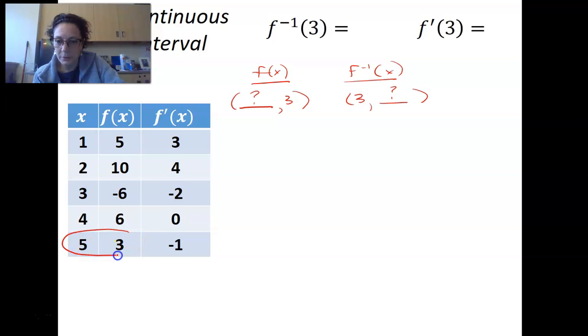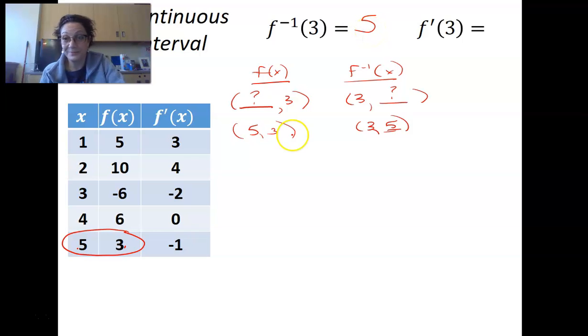Here's the point I'm looking for. If the point 5,3 is on the function, then the point 3,5 is on the inverse. Therefore, f inverse of 3 has to be 5. Right? It can seem a lot harder than it is. You just have to be aware of what inverses are.